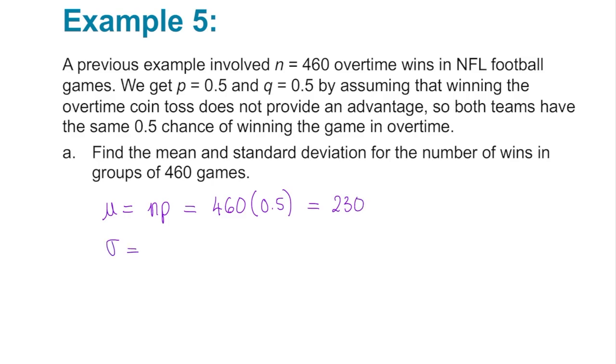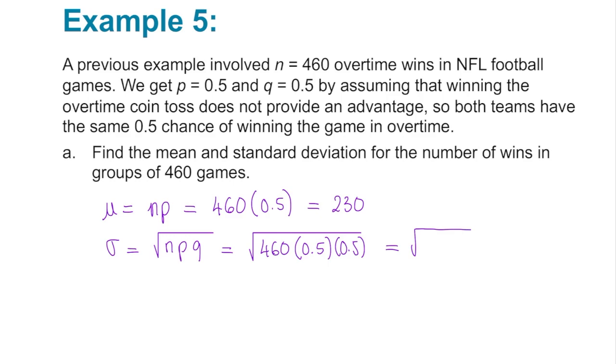Sigma equals the square root of n times p times q, which is the square root of 460 times 0.5 times 0.5, which is the square root of 115, which equals 10.7238059.